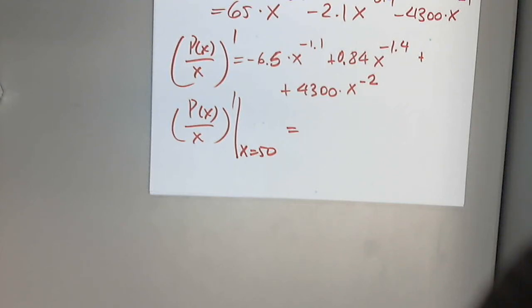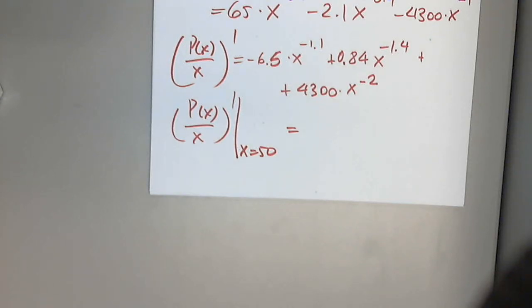And then the last one plus 4,300 times, in parentheses, 50. You may not need to put the 50 in parentheses. Careful, every calculator is different. I think we looked at your calculator, right? And it didn't work with us with parentheses.